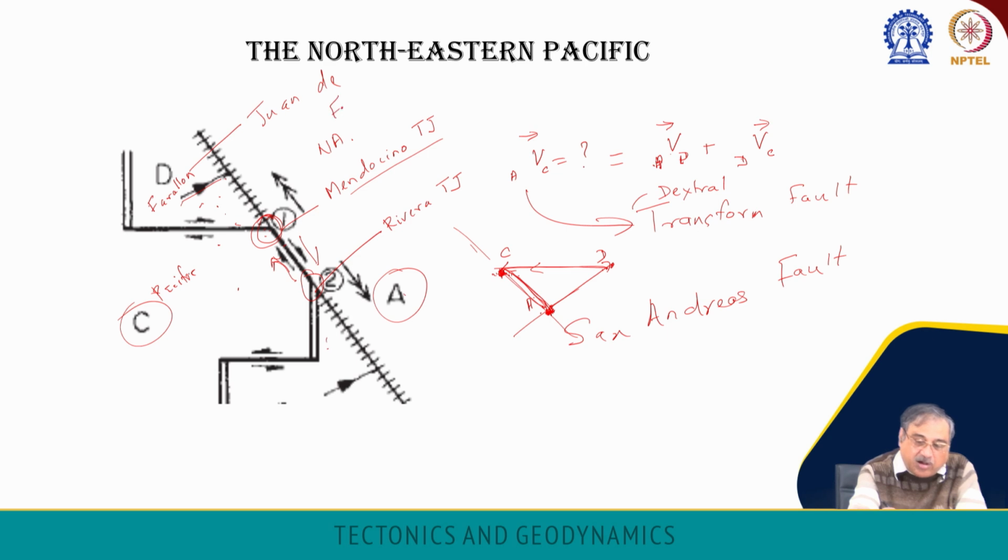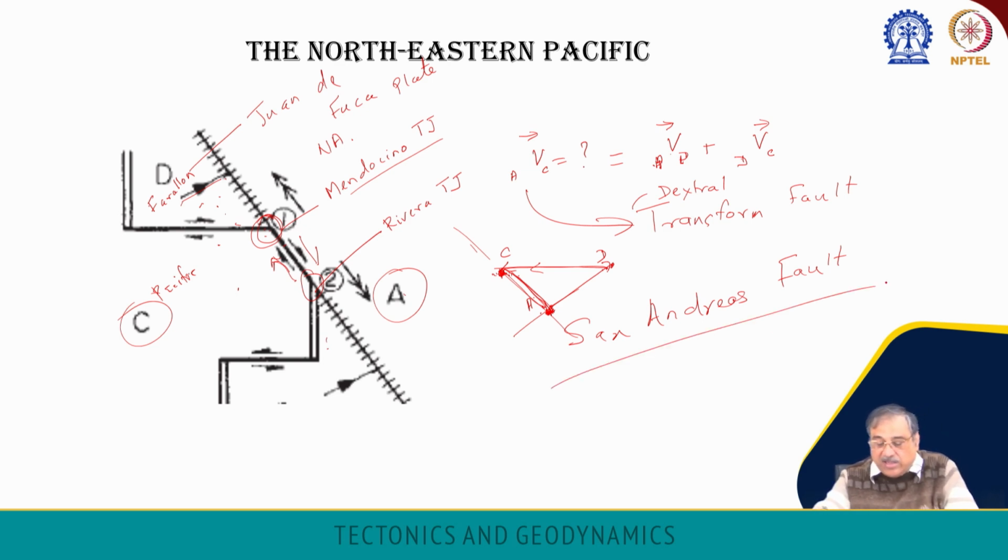It's regarded as a small segment of the Farallon plate that is still preserved. And this is a small segment of, you can call it, the Rivera plate, which actually passes into the Cocos plate further south. Okay, so this is a very interesting example which shows you how plate boundaries move with time.